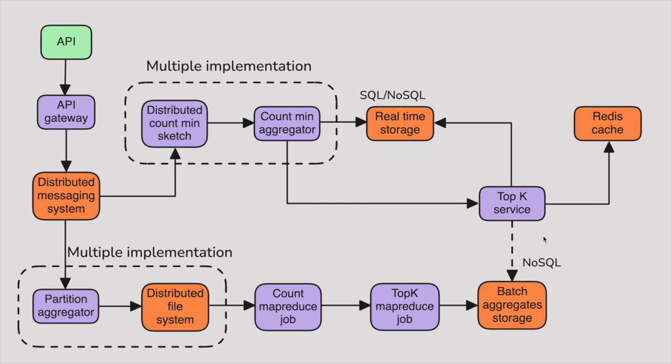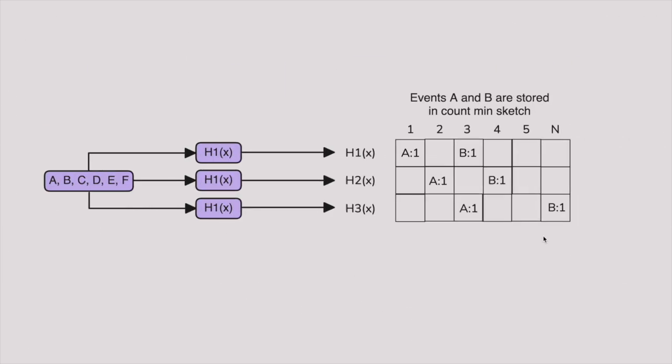Now let's briefly talk about the count-min sketch data structure and how it works. As you can see on this diagram, we have multiple events, which are A, B, C, D, E, coming into our system. And we have a count-min sketch data structure, which is a two-dimensional array or a table that is stored in memory, and it has a fixed size.